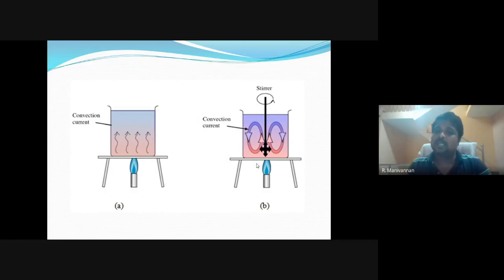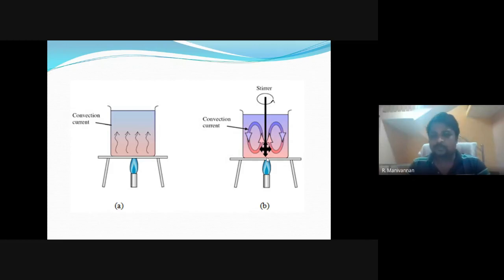In addition to the natural phenomena, we have a stirrer, or you can also say an agitator. This helps in heat transfer, so this type of heat transfer is known as forced convection.